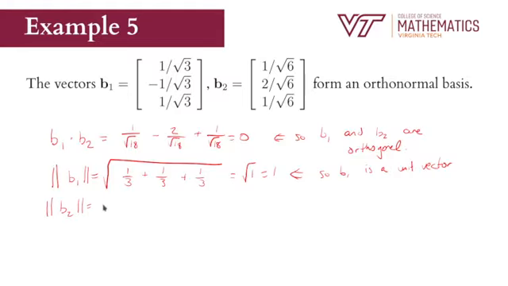The magnitude of B2 is the square root of, square all of these, so we get 1 over 6 plus 4 over 6 plus 1 over 6, which is the square root of 1. And so B2 is a unit vector.